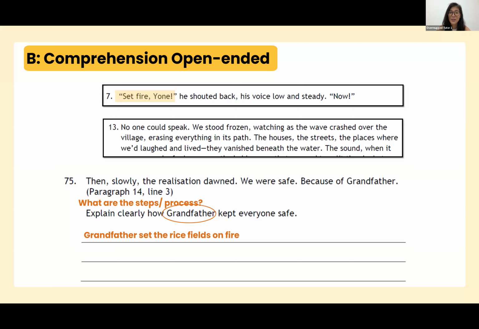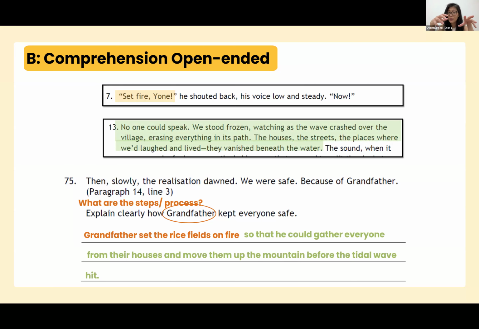That's right, they're on the mountain. So why did grandfather set the rice fields on fire? That's the first step. The second step is because he wanted to gather everyone and move them from the house up towards the mountain before the tidal wave hit. So that is the second step.